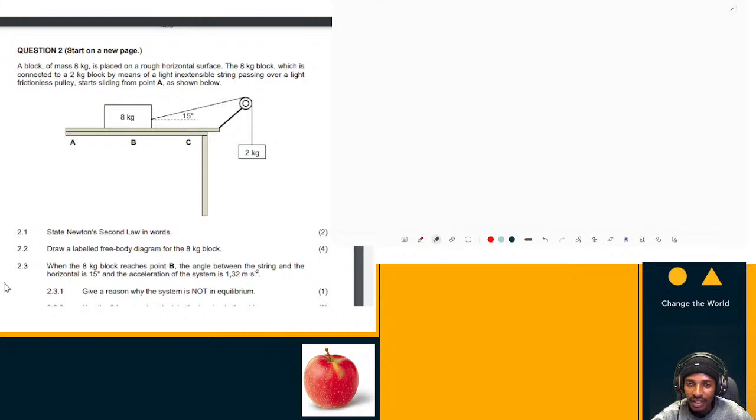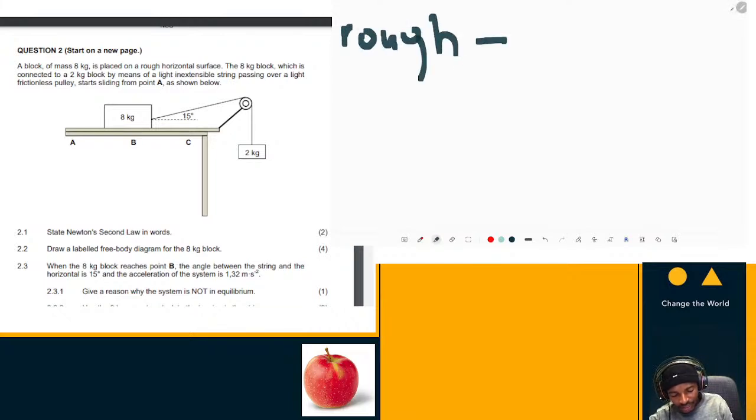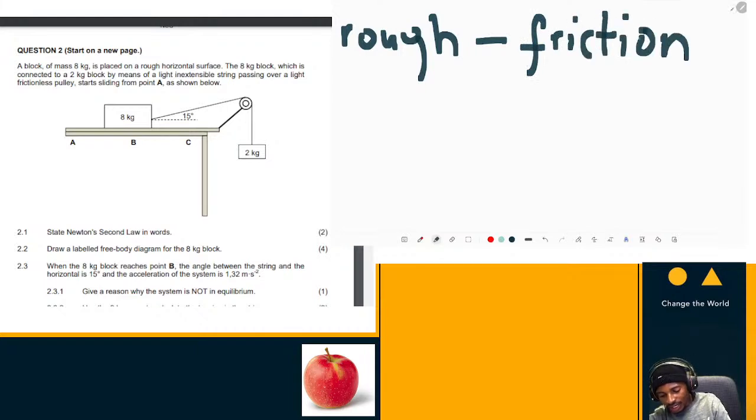They are saying here, a block of mass 8 kg is placed on a rough horizontal surface. So what does that tell us? That means there is friction. The object in contact with that surface will experience a frictional force.